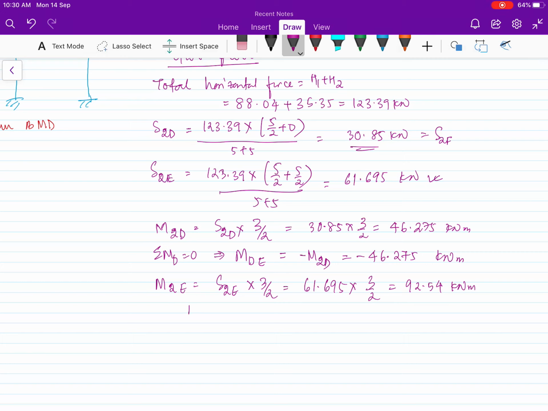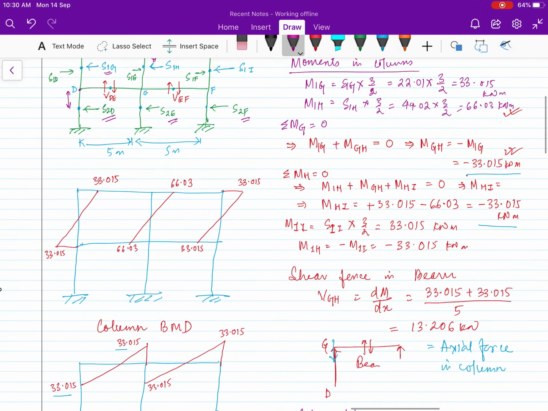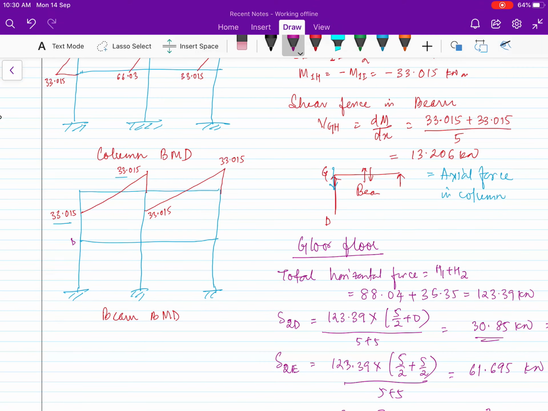So now we have to calculate the moment in the beam. So moment about ED plus moment about 2E plus moment about EF is equal to 0. This is DEF, right? Notation DEF.